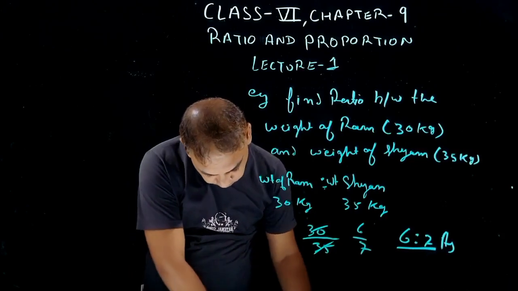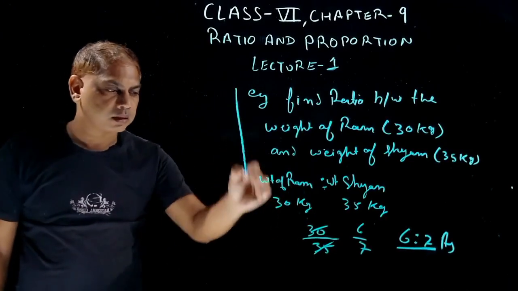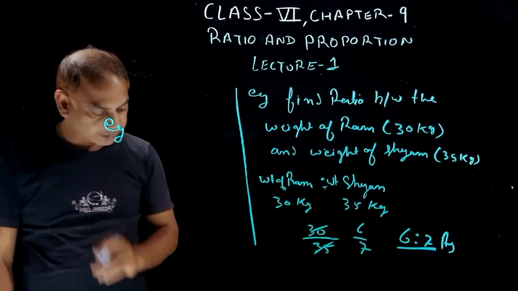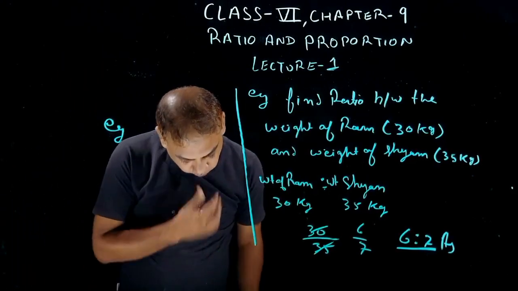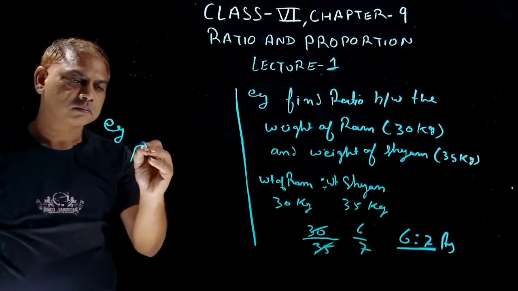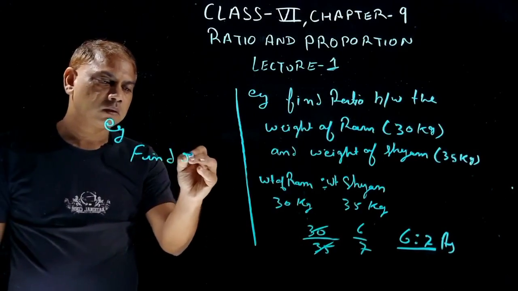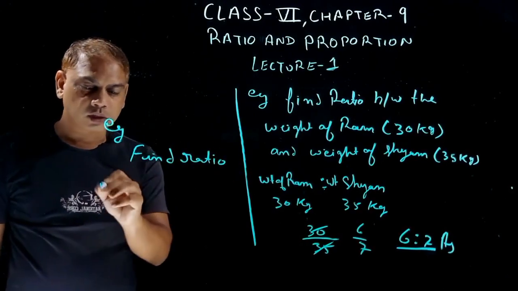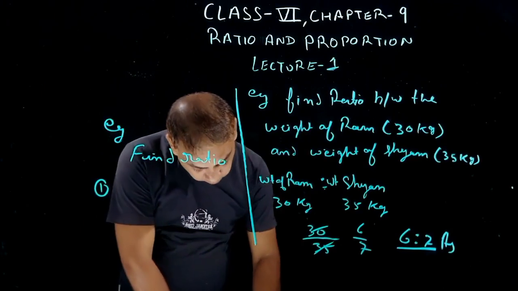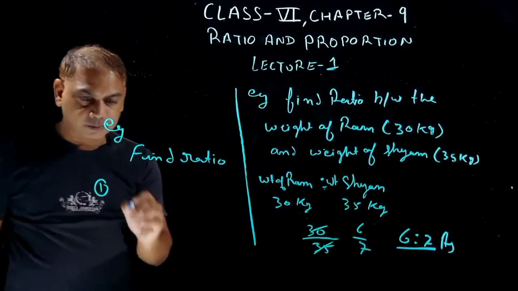good. Now next example, find the ratio of each of the following. Find ratio. Okay, now the first one is 40 centimeter to 5 centimeter.